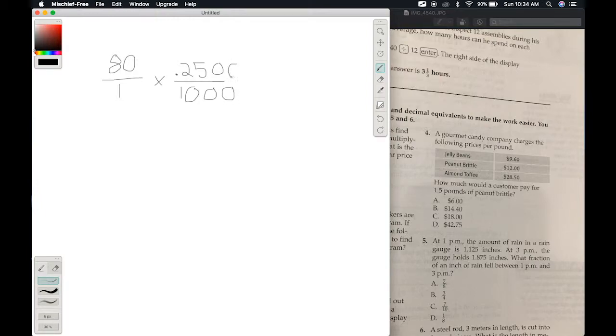If this was 2500, then we'd have to have another. So there always needs to be one more 0 down here than up here, okay? So here we have it. Now what we need to do is cancel out, because canceling out makes the job a lot quicker.